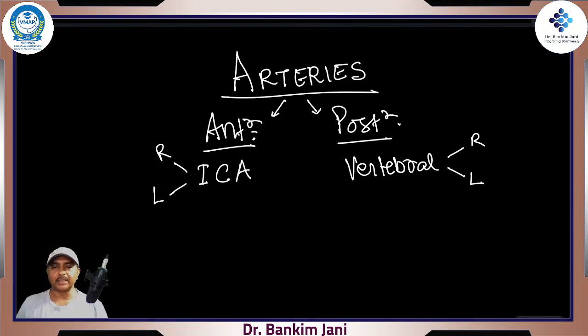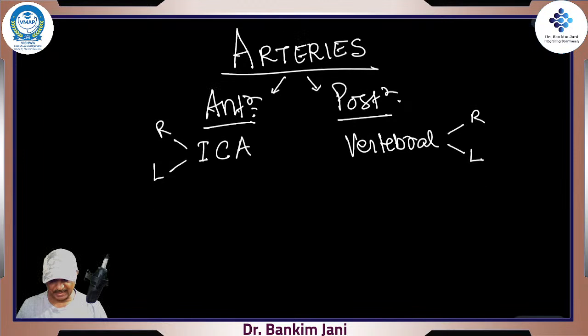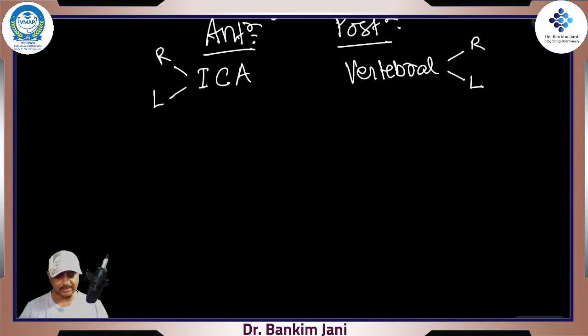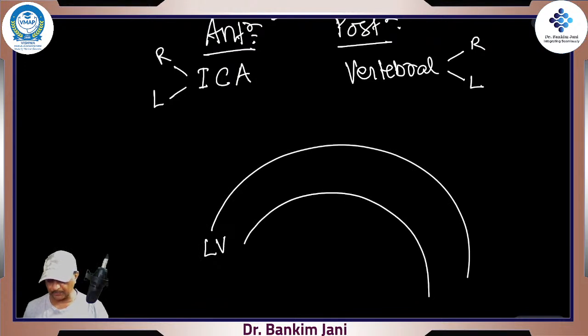Now we know this part, though it is pretty easy, but just to cover up the things so that we are on the same page. Where exactly do they go? Say this is the heart, from the left ventricle. Here is the arch of aorta, and then there is the brachiocephalic trunk on the right side.